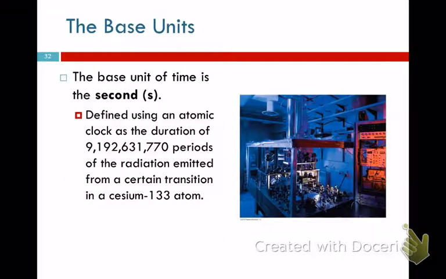For time, we use the second. It's based on the oscillations in cesium-133. That's how we do our atomic clocks, so we measure oscillations in atoms.